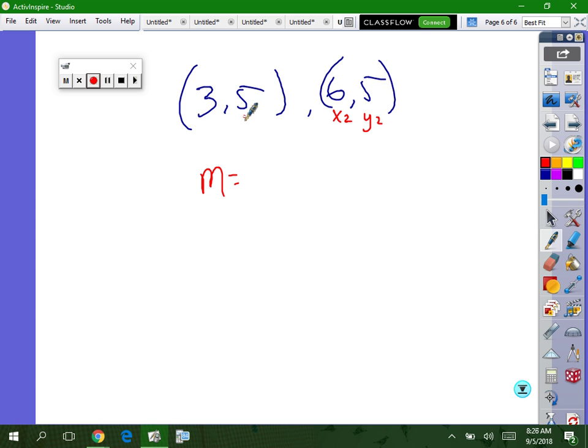I'm going to call him y1, and he's going to be x1. Okay? Really quickly, notice I have m equals y2 minus y1 over x2 minus x1.